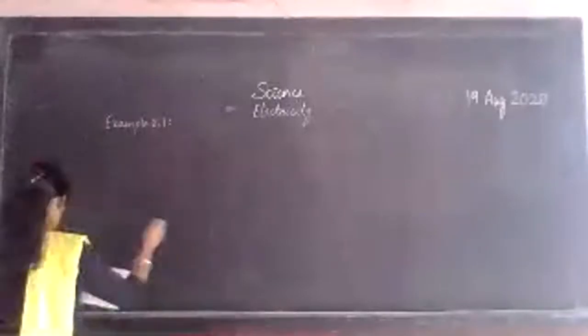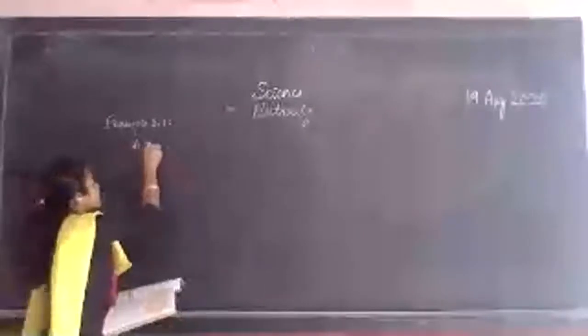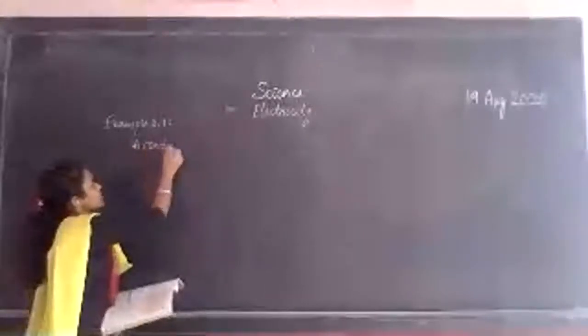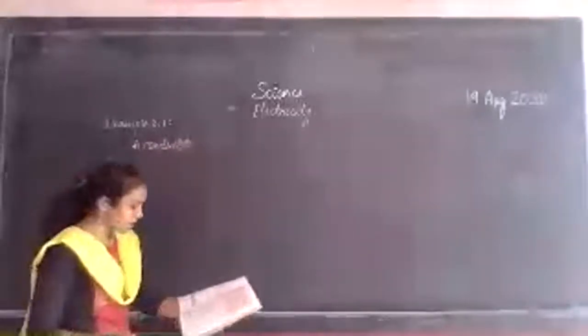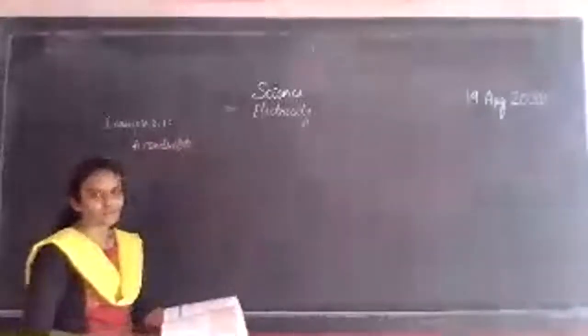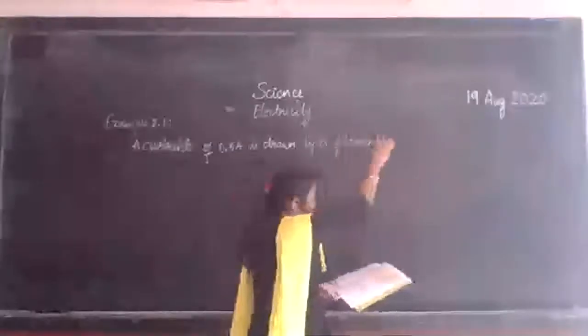I'm going to write the question. A conductor, by the filament of an electric bulb, for 10 minutes. I hope you have received your textbooks already, so that it will be helpful for you to follow.